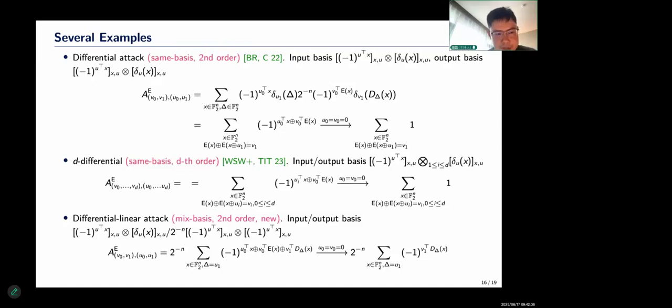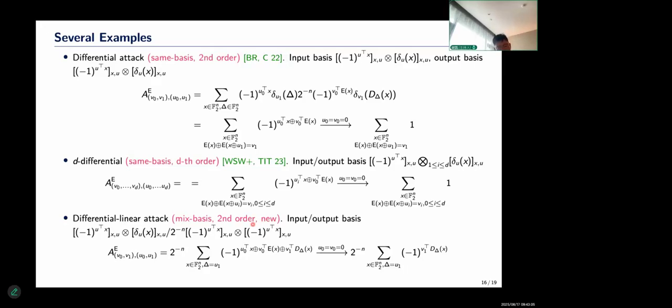Also, here are some examples. The first one is the differential attack. It's a same basis second order attack. And this attack has been studied with the quasidifferential techniques, which was proposed by Beyne and Rijmen in Crypto 2022. And this attack has been extended to the quasi-D-differential attack, where this order basis is used.